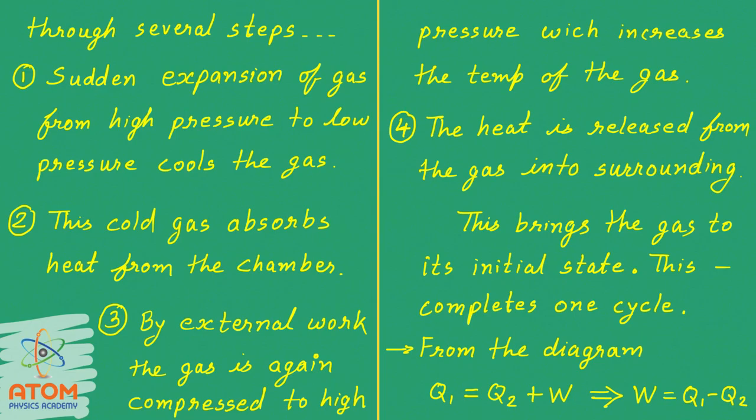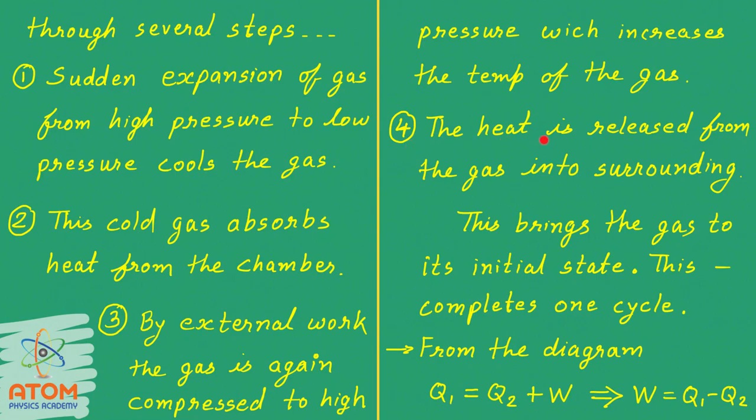This compressor is to compress the gas, right? So, compressing gas is an external work. So, by this external work, means by compressing the gas at high pressure, the temperature of the gas increases. Obviously, when we compress the gas, the temperature will increase.